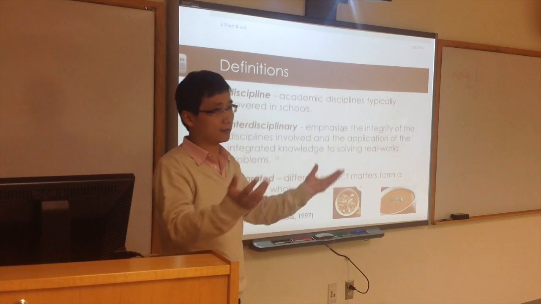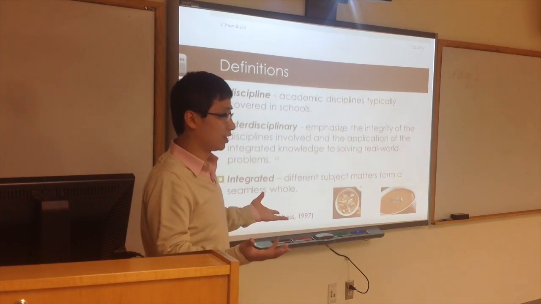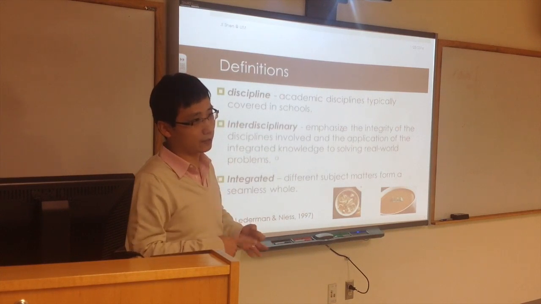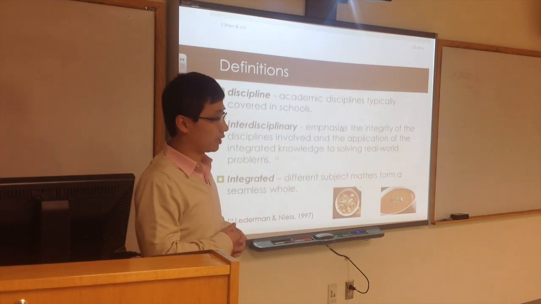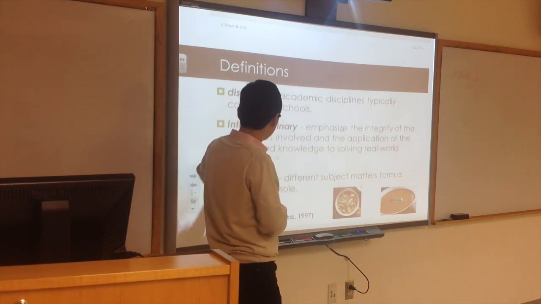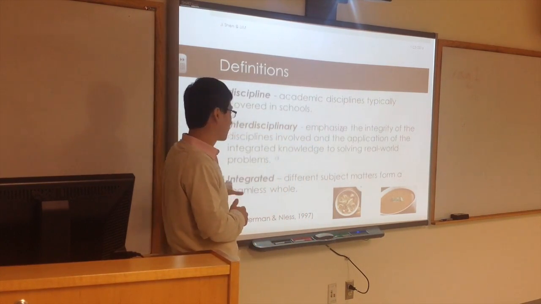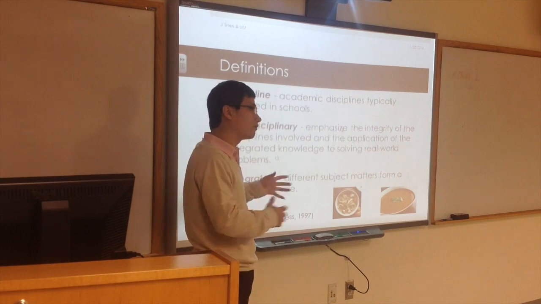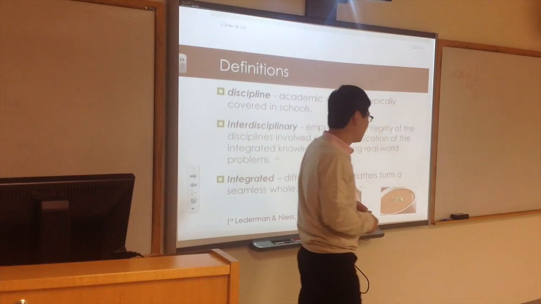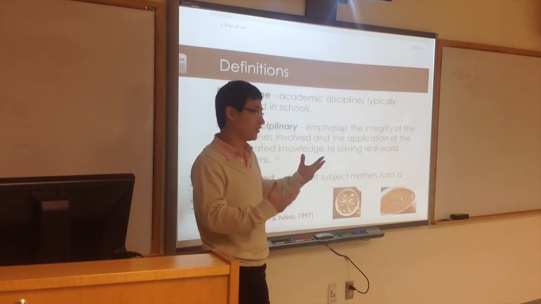In this context, it's just subject matter we teach in schools, right? Math, and within sciences, we do physics, biology, earth science. And here, I want to distinguish these two terms, interdisciplinary versus integrated. A lot of times we just use them interchangeably, okay? And I don't think I need to really use words to describe them.